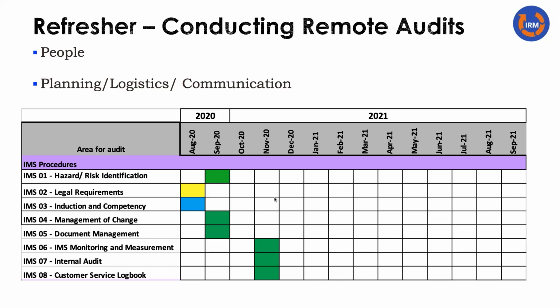The other little element there, I've got just an example of a very basic kind of audit schedule. In terms of planning and logistics communication, I've got another slide on that, but suffice to say at the moment, if I've got an audit, let's say at one of our construction sites for a construction company as an example, we're going to cover hazard and risk identification in September, management of change and document management.